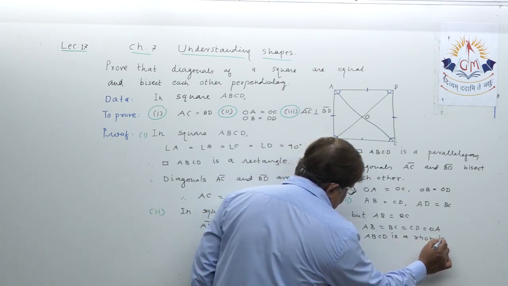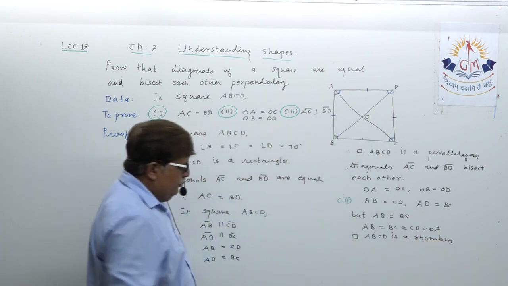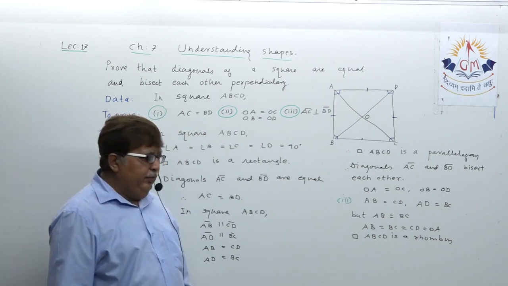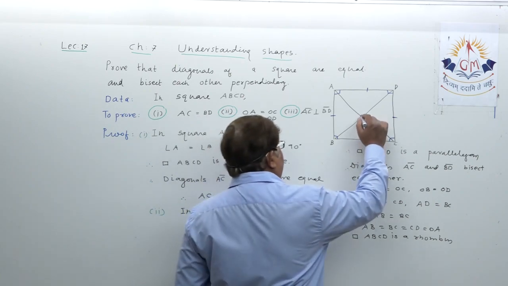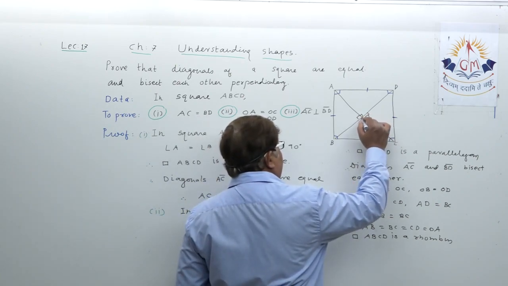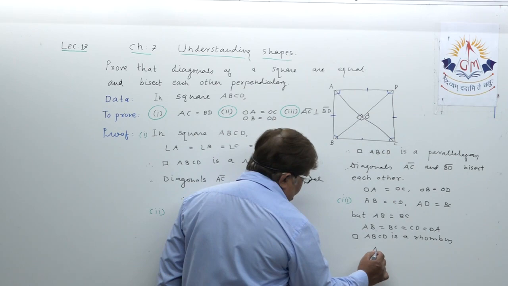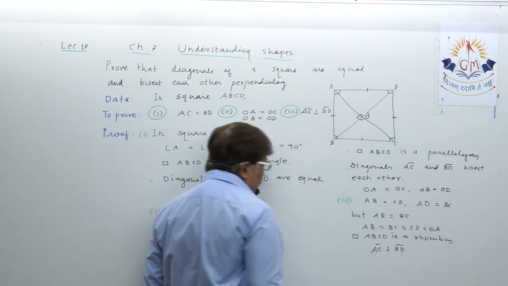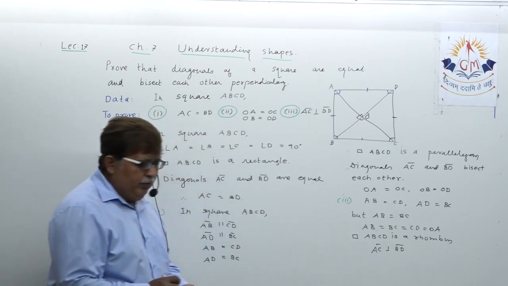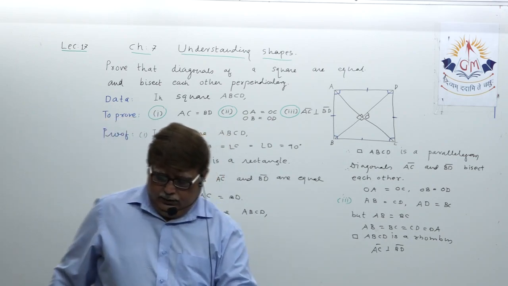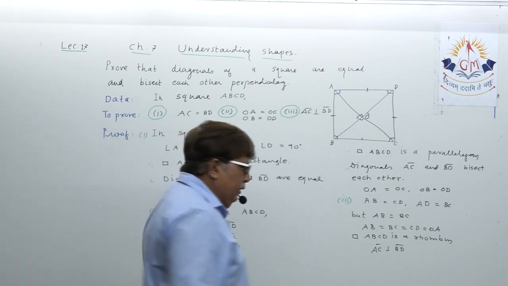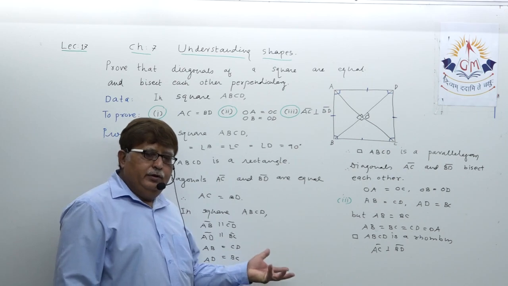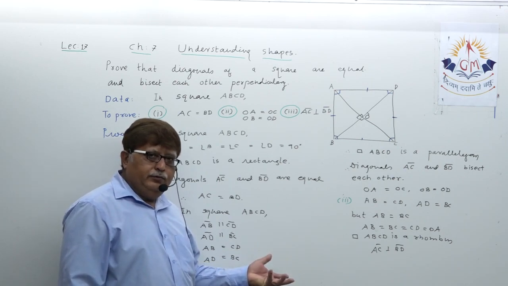Understand? And when you say that quadrilateral ABCD becomes a rhombus, undoubtedly the diagonals are perpendicular to each other, because it's an intrinsic property of a rhombus that diagonals bisect each other perpendicularly. Understood?